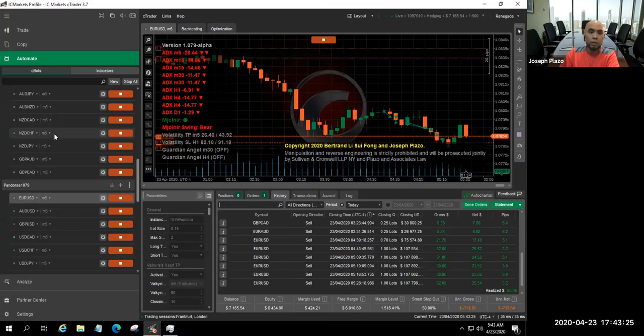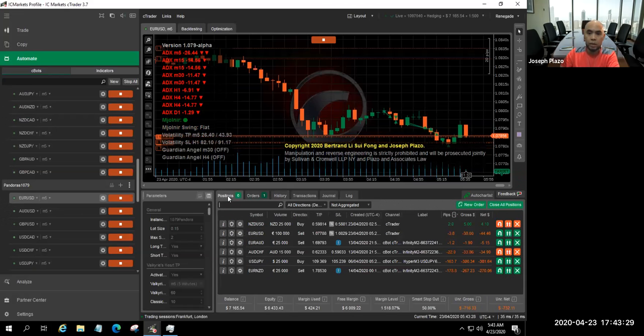I have also several automated positions that are opened. These positions are being controlled by my bot, Pandora. It was developed together with Bert and Xavier. This allows real-time trading and it doesn't require user intervention. So all the rules that I've talked about are already built into the bot.